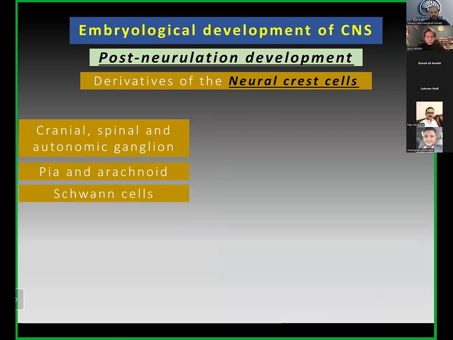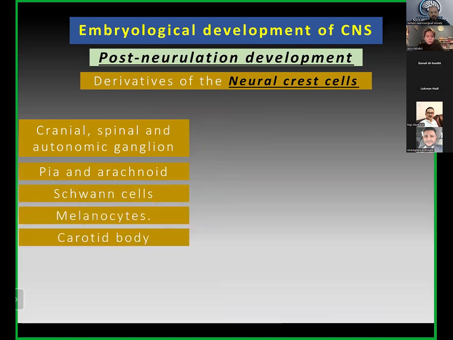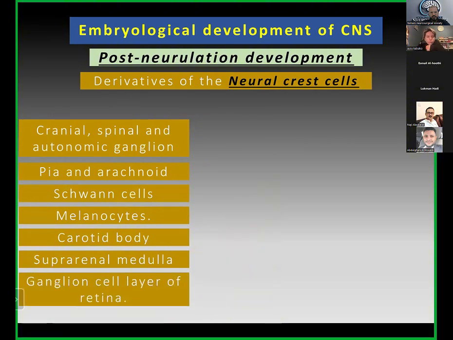Also, it will form later on the Schwann cells, melanocytes, and carotid body. Also, it will form later on the suprarenal medulla and the ganglion cell layer of the retina.